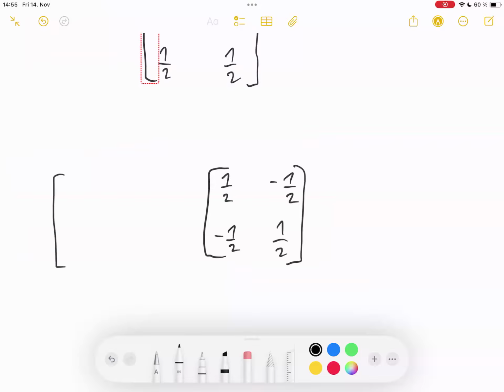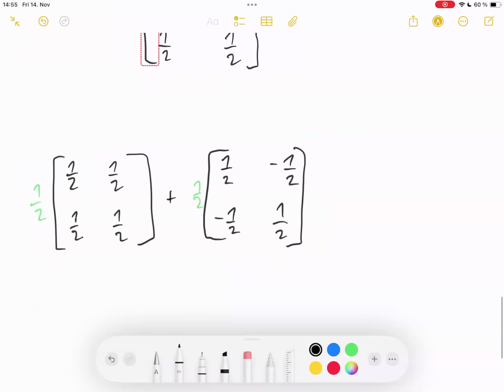Then we have the outer product just from above for 0 cat plus 1 cat divided by the square root of 2. And we said that we have a half probability for each of them, so a half here, a half here. And we just calculate this, and eventually this is just simple math.